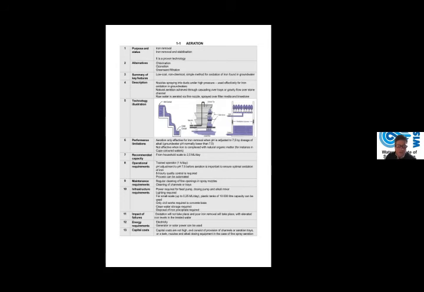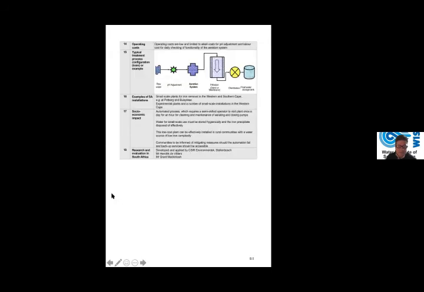Operational requirements in terms of operators, what they need to do, maintenance requirements. Your spray nozzles obviously have to be kept clean. Infrastructure requirements, and so forth. And then there's a process configuration, just showing what processes or steps are involved.